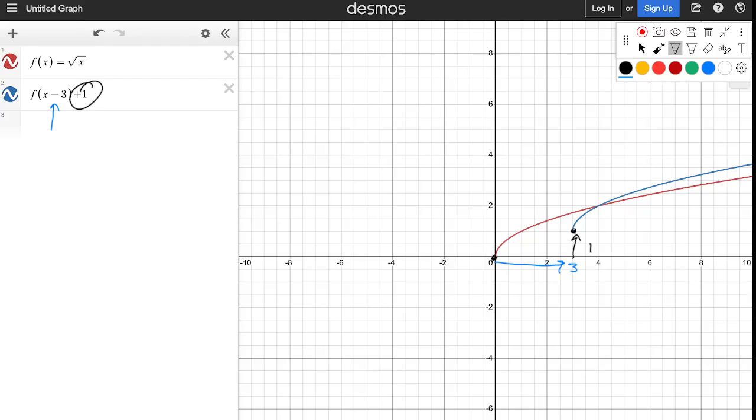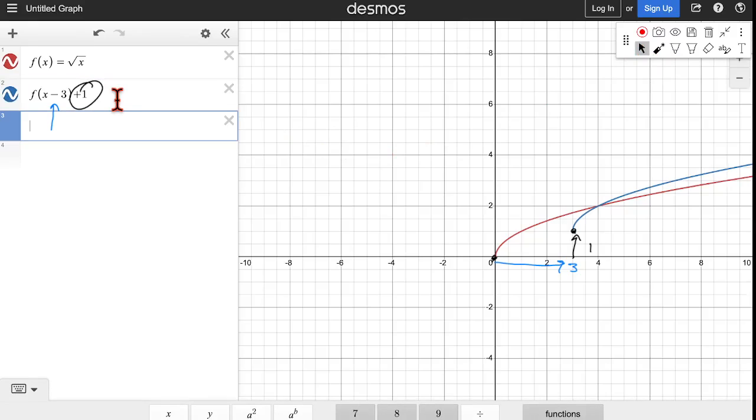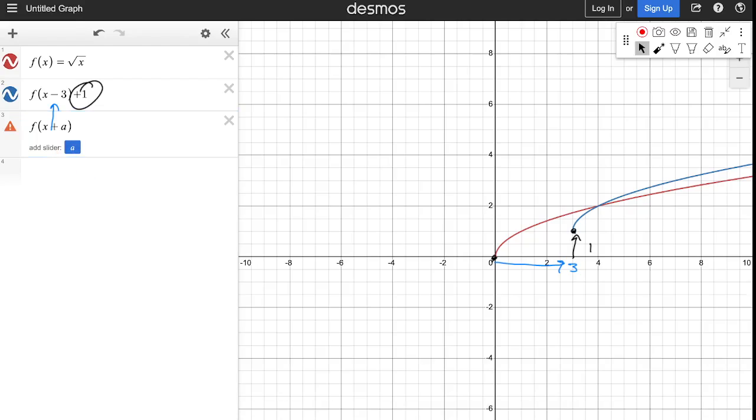And so we could see, again, using the slider technology that Desmos allows us to do, we can do f of x plus, let's just put it as a. You can use any letter, and we'll do a slider. So I click on that. Oops, there we go. I'm going to make it 0.